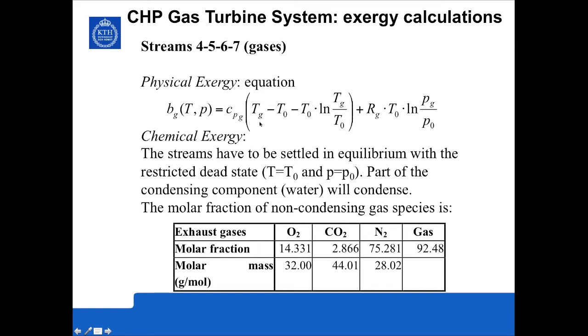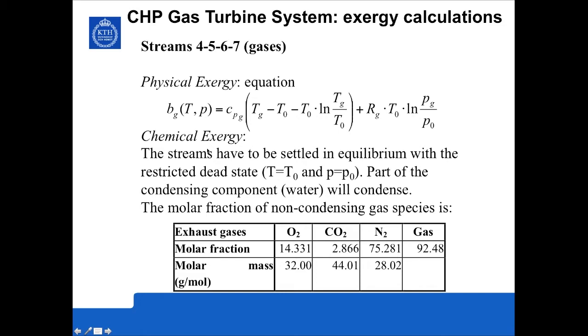So the gradient of enthalpy, which is related to the specific heat by the gradient of temperature, minus T0 by the gradient of entropy, which can be expressed as a ratio of temperature and a ratio of pressure. So we know this type of equation. But the chemical exergy is a little more tricky.